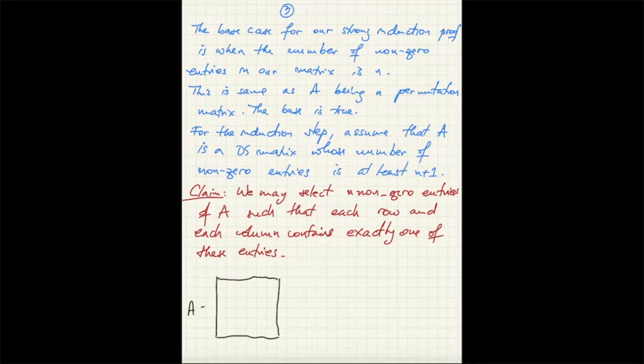So we have our matrix A, and let's say we have some row here, row i, and we have some column here, column j, and they meet at this entry here, A_ij. So the graph will be as follows.